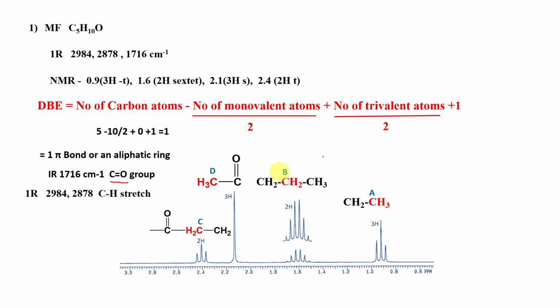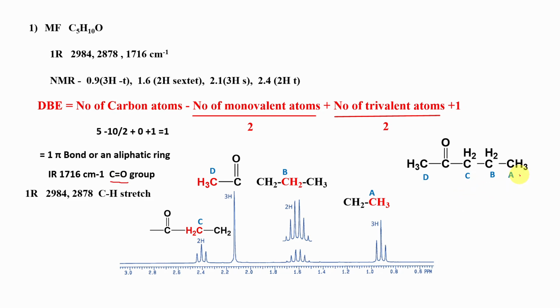By attaching these fragments and considering the molecular formula, it consists of 5 carbon atoms. That is why the structure of the molecule may be represented like this. It is nothing but 2-pentanone.